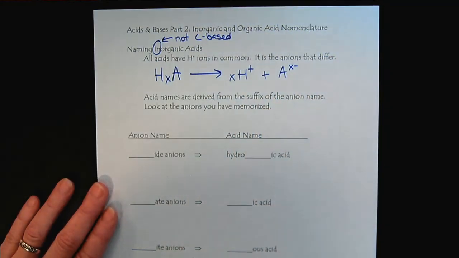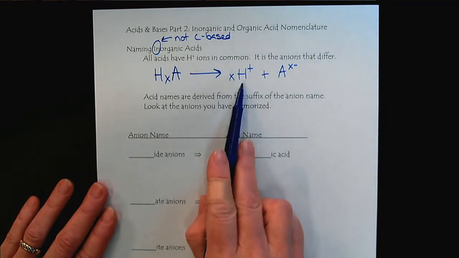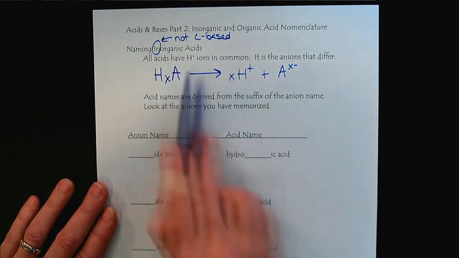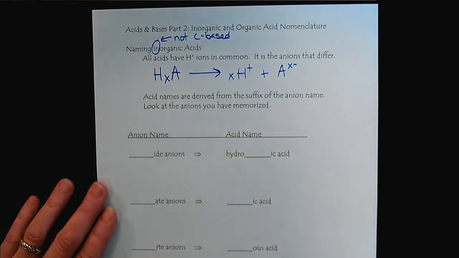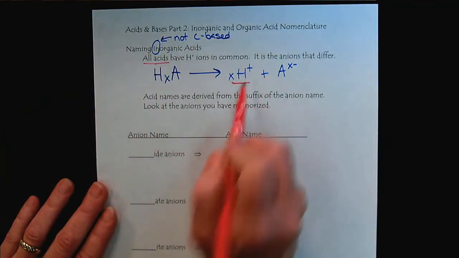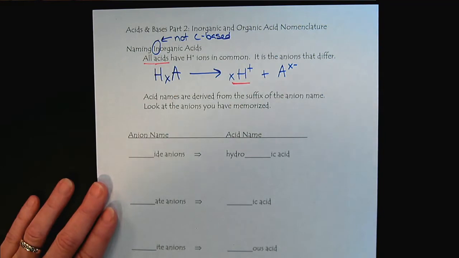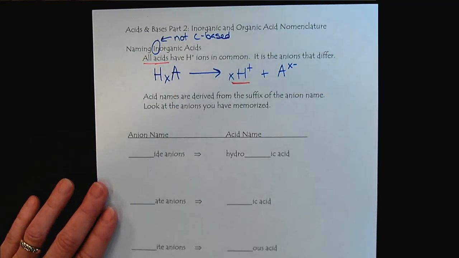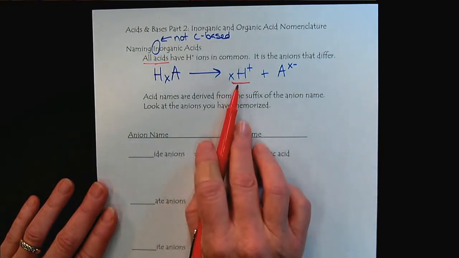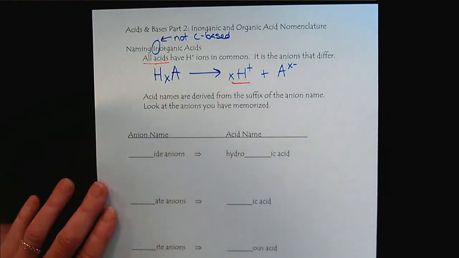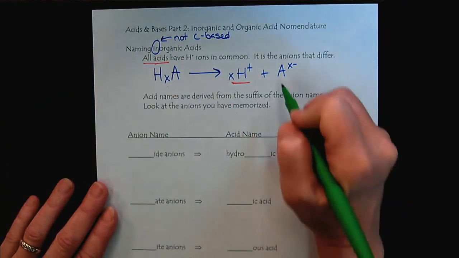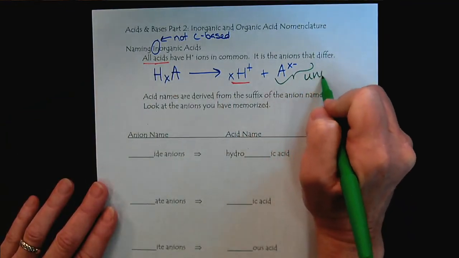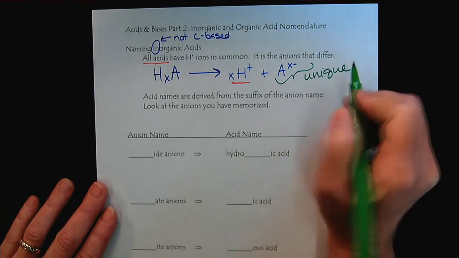All acids have H+. So if we're trying to distinguish between the acids, this is what they have in common, so that's not going to help us. What's unique to each acid is the anion that's also released.